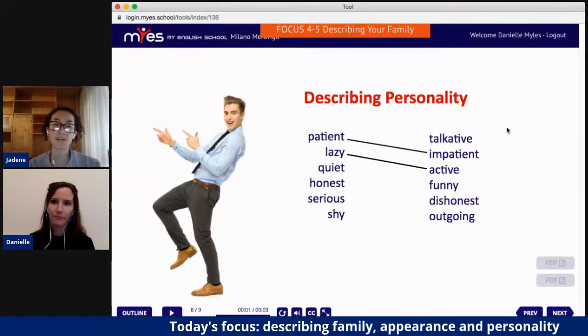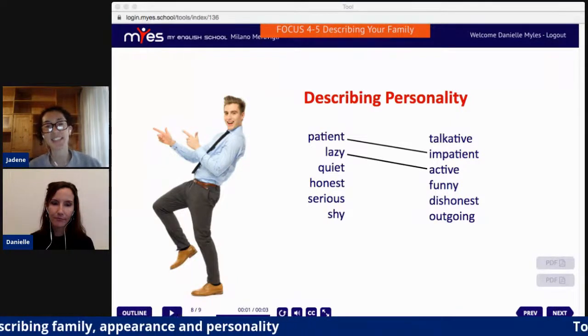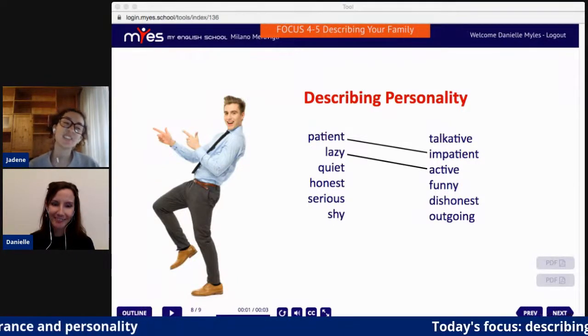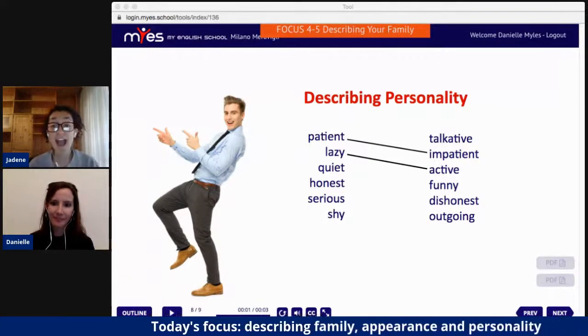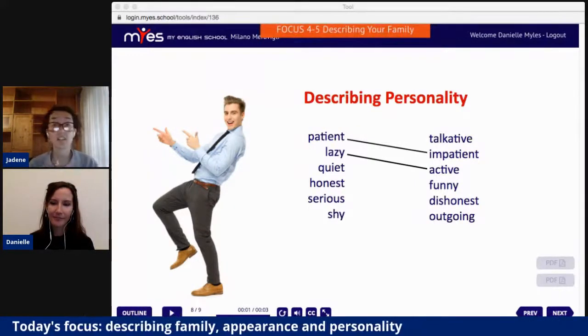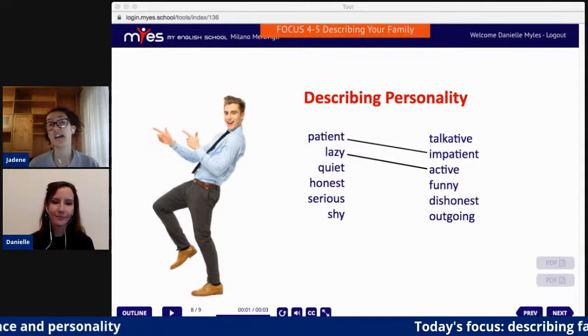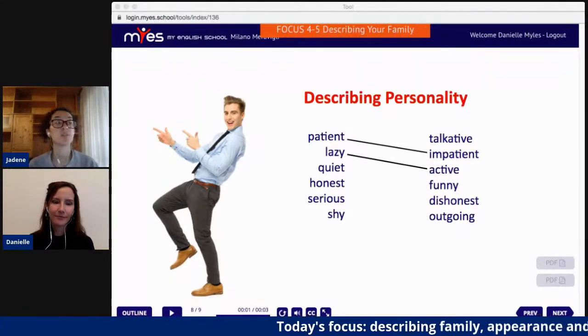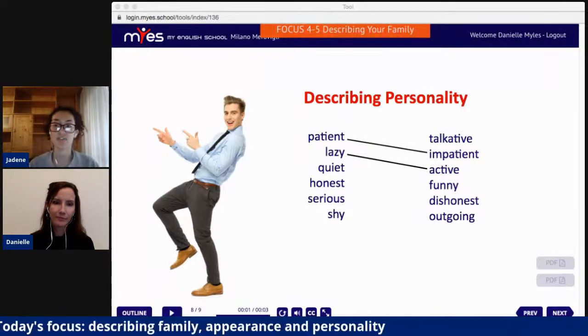If you want to go outside and be in the sun when we're not in quarantine, they say, "No, I just stay in bed." Whereas someone who is active has a lot of energy and always wants to do things. They want to exercise or go out to bars and socialize, etc.